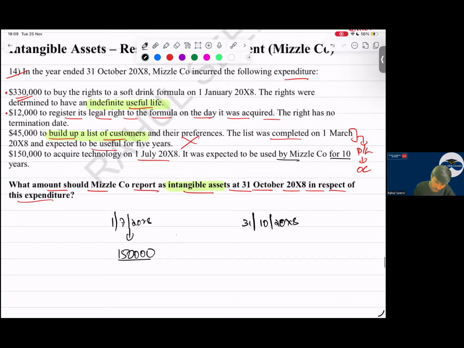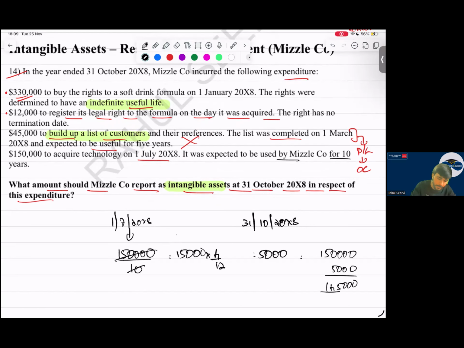How many years is it amortized? 10 years. So 15,000. How many months? 7, 8, 9, 10. 4 months. 5,000. So 150,000, amortization is 5,000, so it became 145,000.